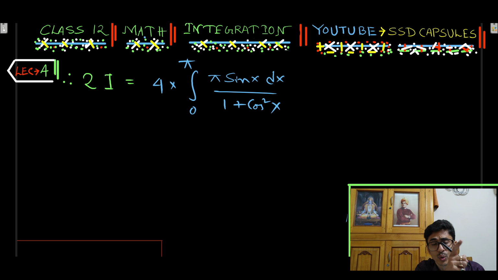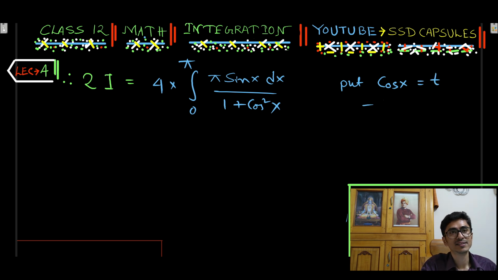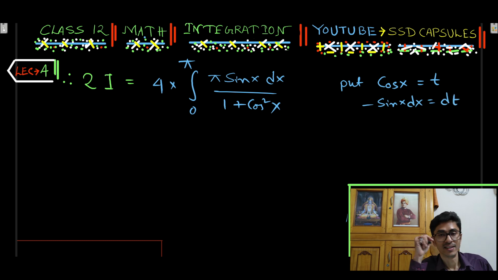Now here we are going to use the substitution method. What we are going to substitute here? Just guess. Yes, put cos x equal to t. So here minus sin x dx equal to dt, but it is definite integral, right?